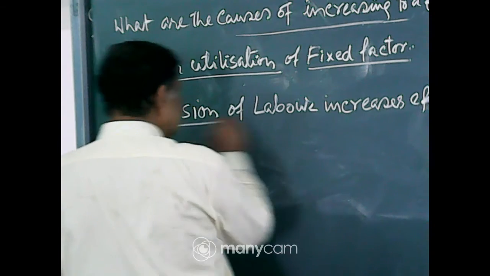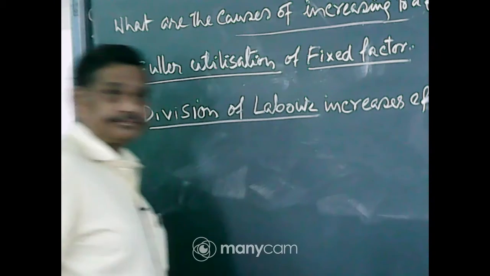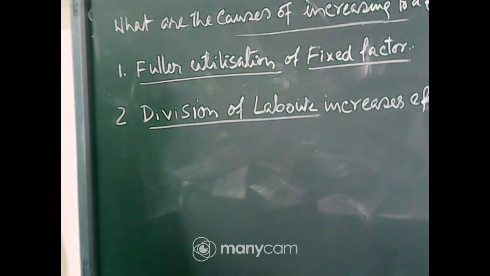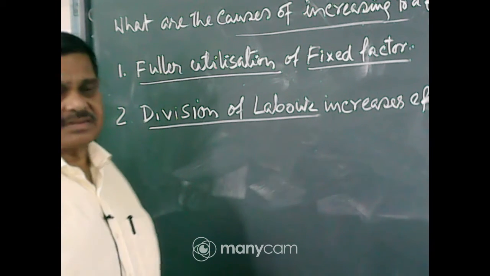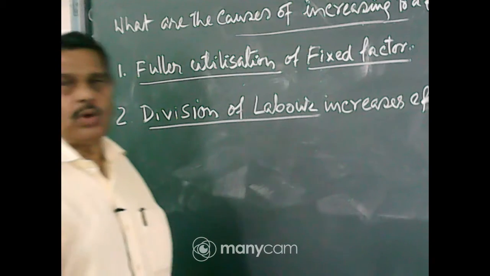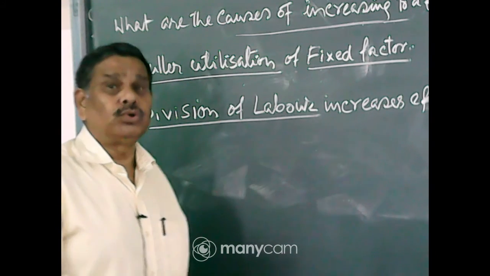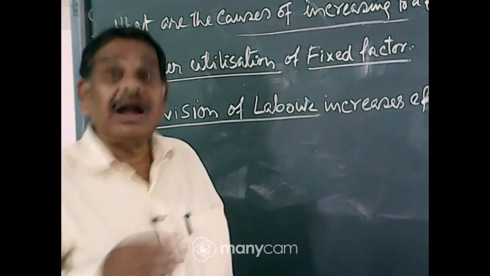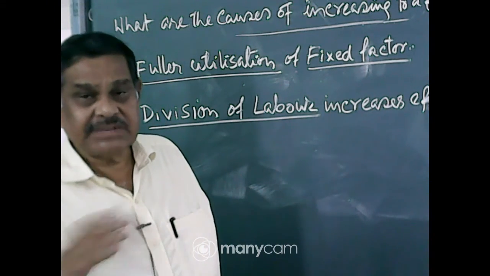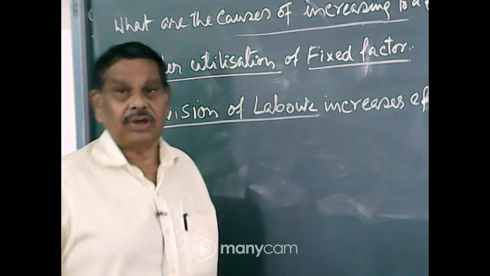So division of labor, what do you mean by this? The labors can be divided into several groups according to their efficiency in a particular part of the job or the jobs.